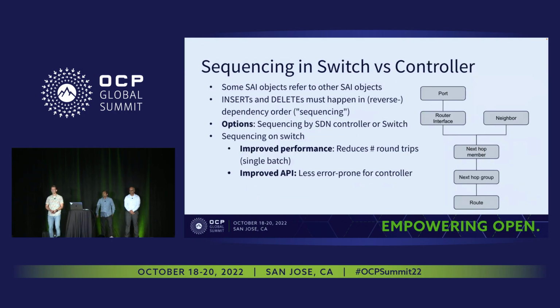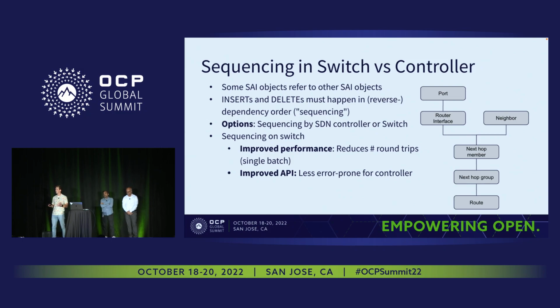Okay, so before I wrap up, I want to tell you about two challenges that we faced at the intersection, or rather the interface between the switch and the SDN controller. Let's warm up with a simple one that shows up in the area of what we call sequencing.